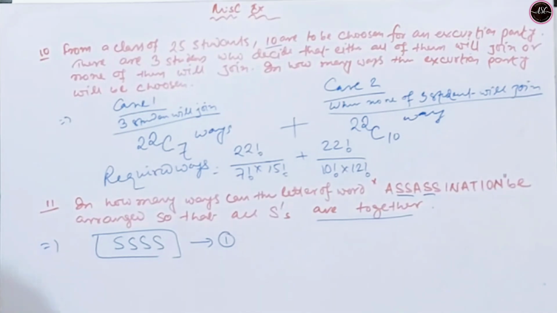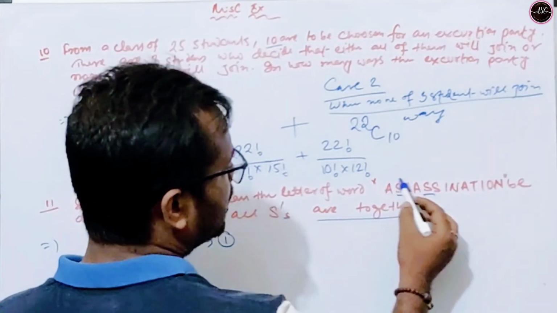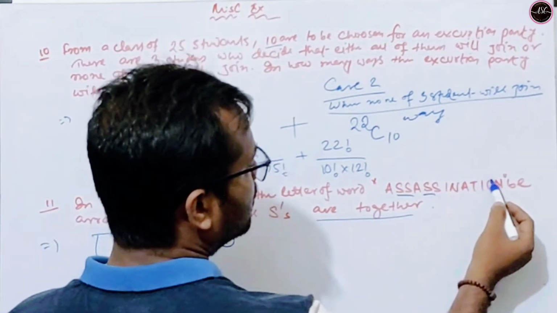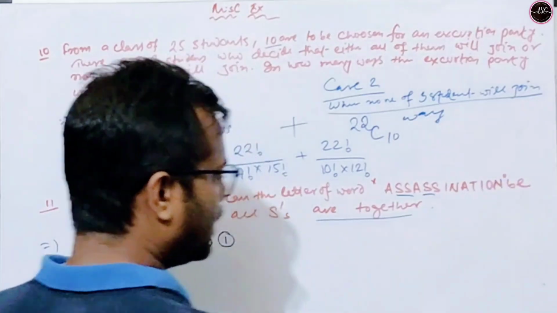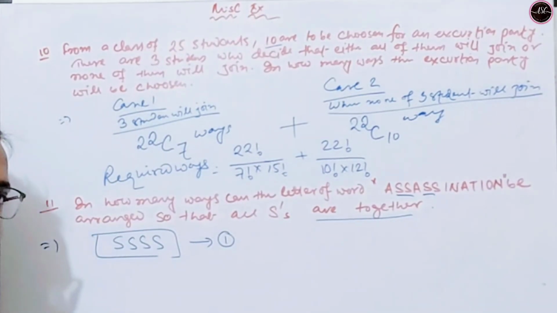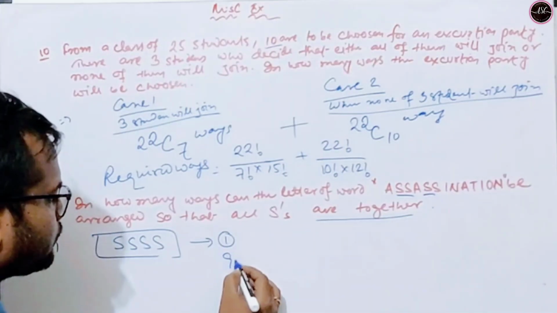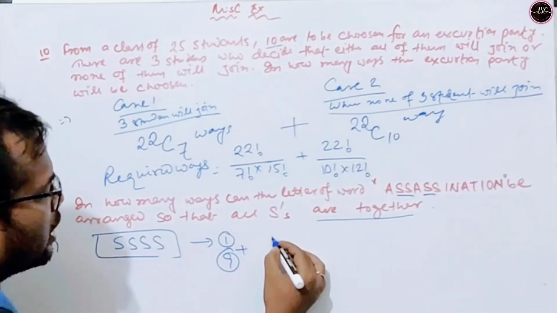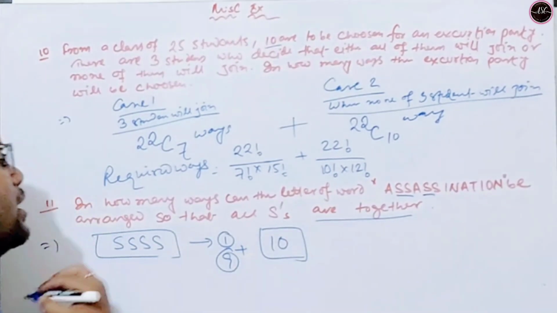So there are total 3, 6, 9, 13 letters. From 13 letters, if we take 4, there are only 9 letters left. So now the total letters is 10.